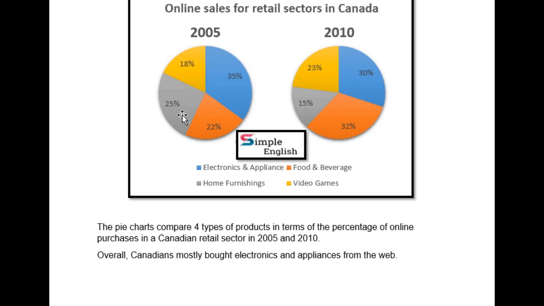For the second sentence, you have to mention any other figures which you think are important for this pie chart. I prefer mentioning the lowest and highest figures. I have mentioned the highest one here, now I want to mention the lowest one in both years.